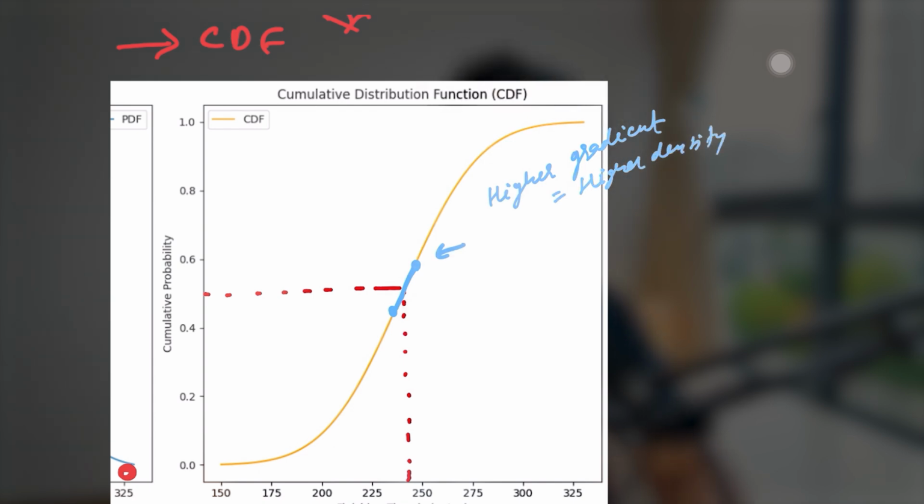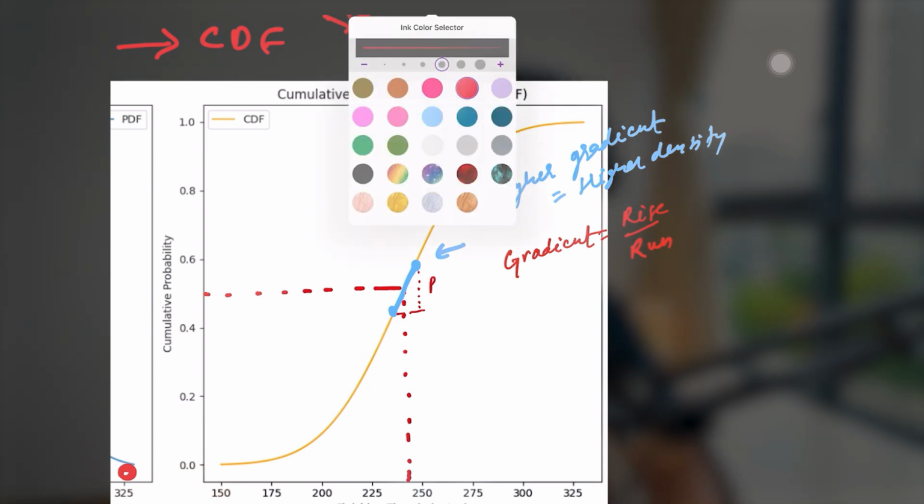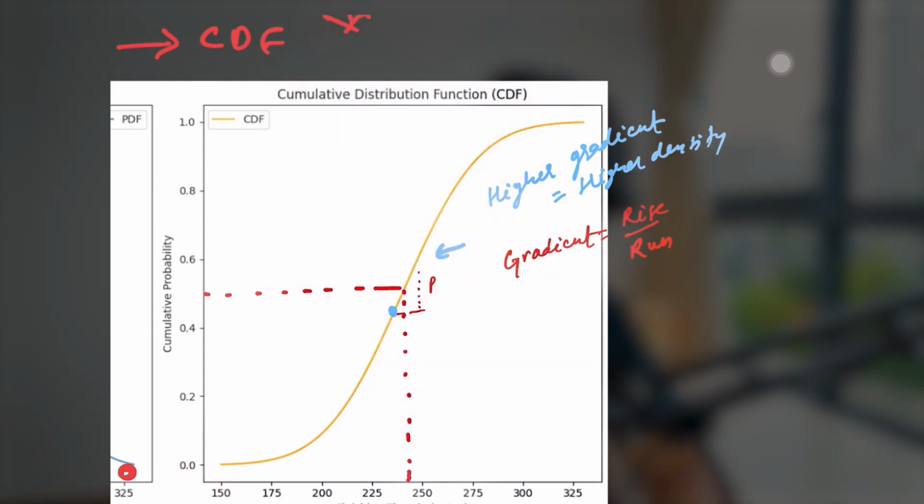Correct? Now, how do we find the gradient or the slope? We know that it is the rise over the run. So gradient equals rise over run, or we can say hypotenuse equals perpendicular upon base. Now let's take two points here, one here and another here. This is 240, so I can take one as 244 and the other as 236.